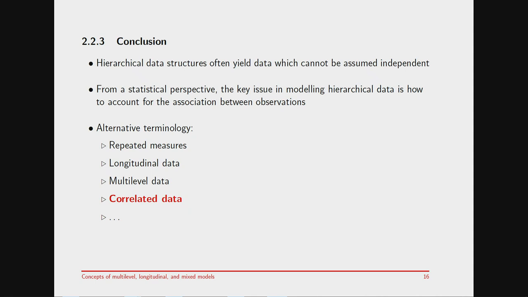So the conclusion is this hierarchical data structure will imply correlated data. So the only reason why we are here together now in this course is because of this correlation.